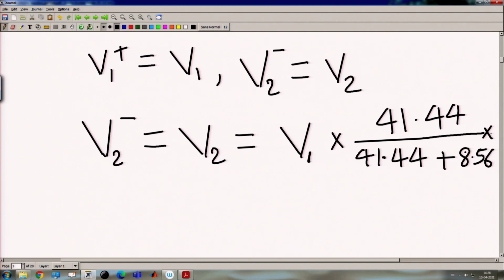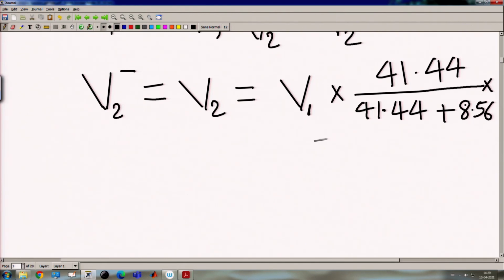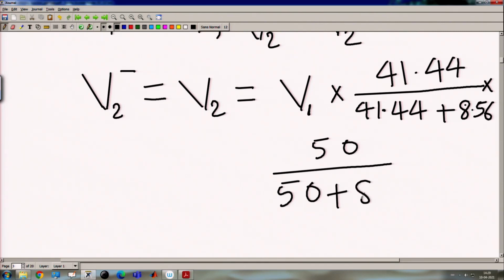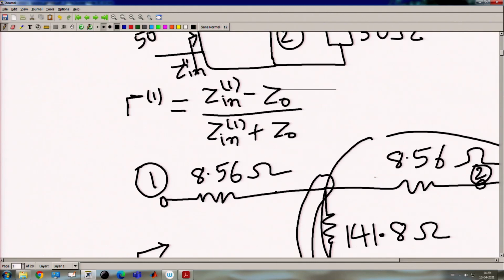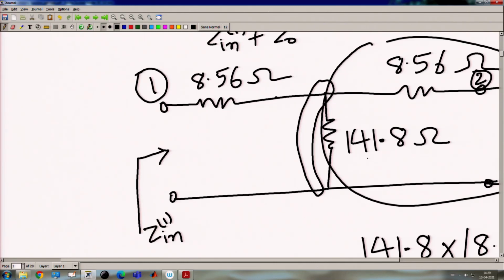into, because we are finding the voltage at port 2, which is terminated with 50 ohm, 50 divided by 50 plus 8.56. So this is V2, because here we got the voltage at this point across this terminal.